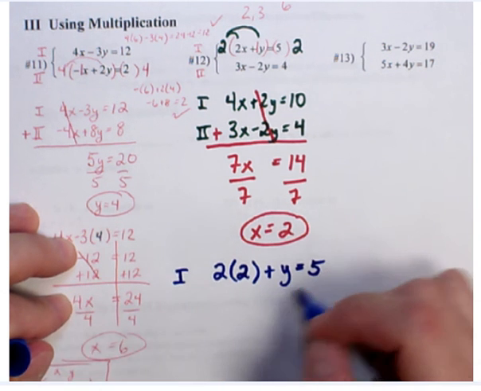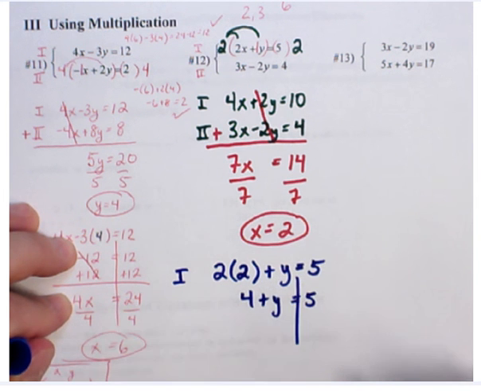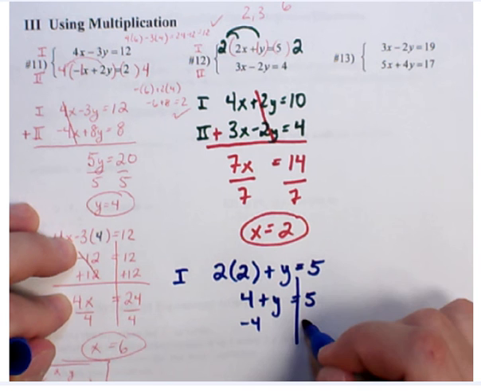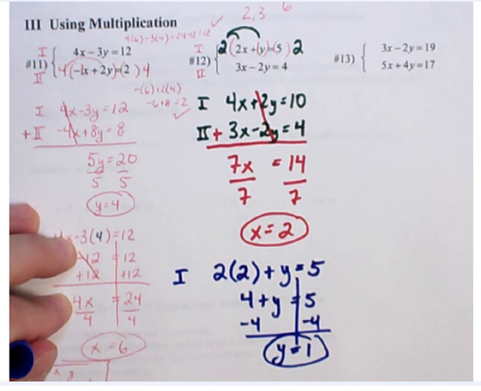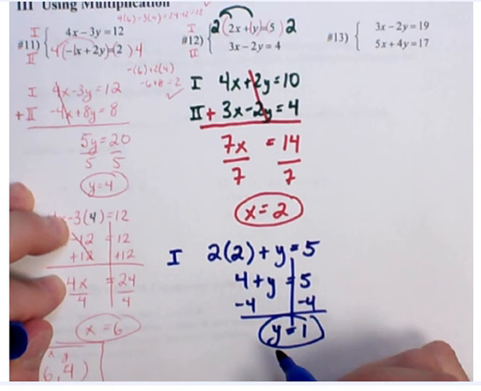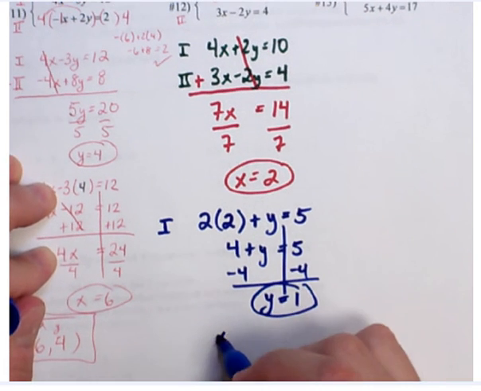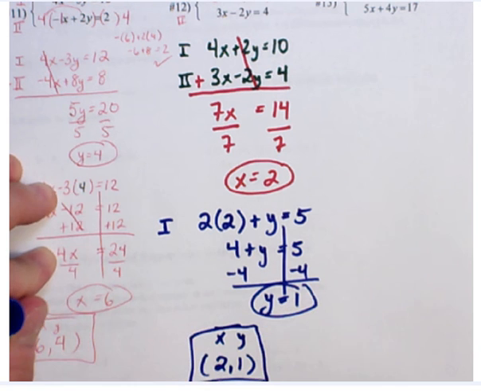So now we solve it. It's 4 plus y equals 5. We're going to subtract 4 from both sides. We get y equals 1. So our answer here, I'll write it down here, x comma y is 2 comma 1. And if you check, it should work.